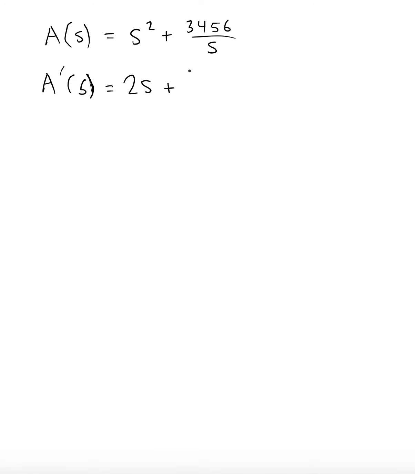Our derivative of A, like the original A function was S squared plus 3456 over S. So our derivative was 2S plus negative 3456 over S squared.